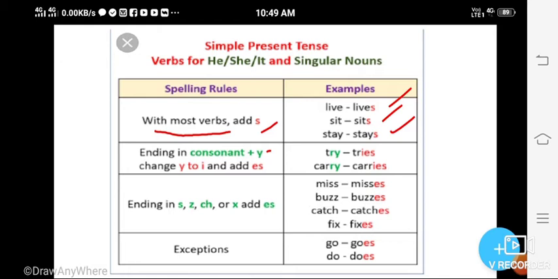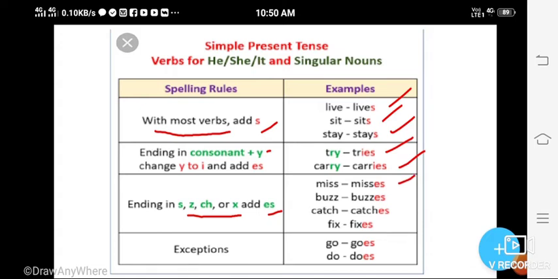Now with any verb ending with y, change y to i and add es. This rule also is very easy to understand. Look at these words. Try becomes tries. Carry becomes carries. Is it not? Now if it is ending in s, z, ch or x, simply add es. So miss will become misses.